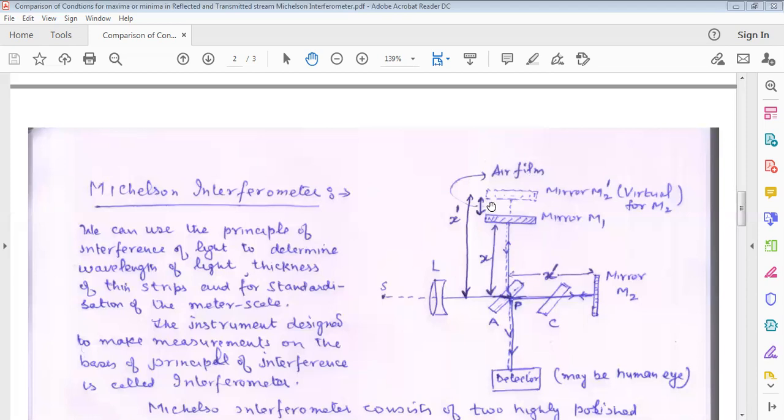Then the air film between M1 and inclined mirror M2 now will not be perfectly parallel. It will become wedge shaped. This will result in an interference pattern of different nature. Now the interference pattern will consist of dark and bright lines.